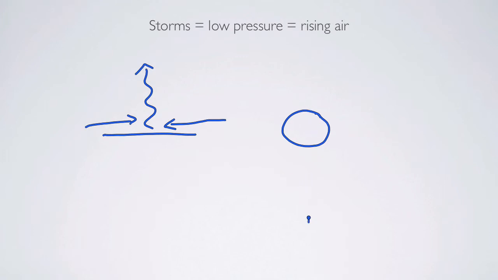Now from up above, if we draw a circle that represents the rising air in the center of the storm, air is going to be pulled in from the north as well as from the south. So that southern air that's coming in still experiences a decreasing radius of rotation. Because of angular momentum, it is going to start to spin towards the right. Now the air moving in from the north is going to slow down.